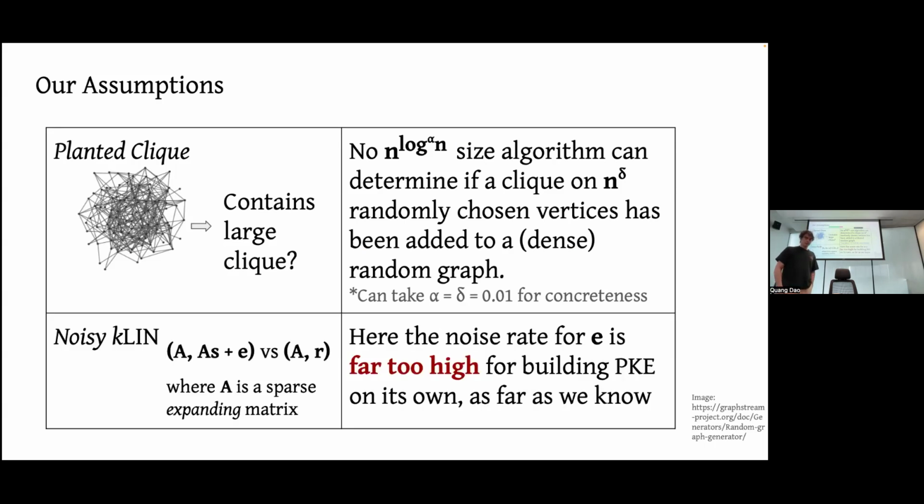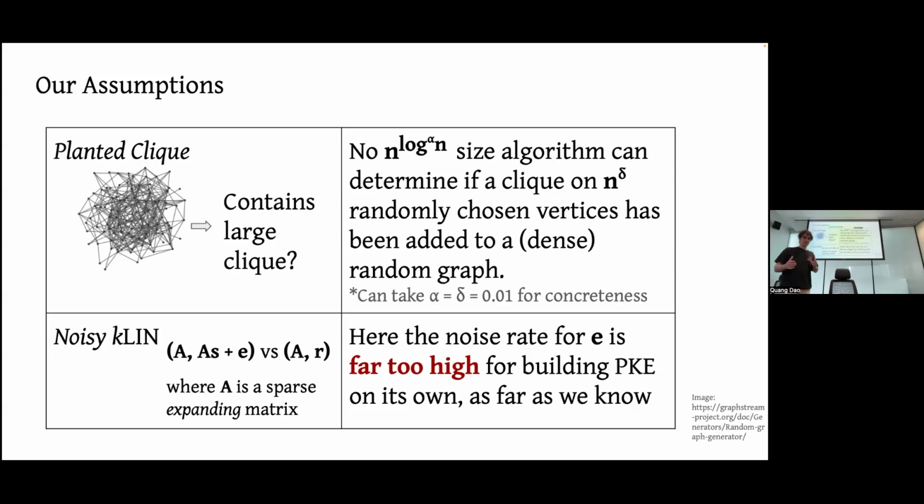For our helper assumption, like we've talked about, we'll be using the noisy k-LIN problem. This asks us to distinguish between a distribution where we have a sparse matrix A and then a noisy sample AS plus E of a random secret S. A little bit more details on this later. The other distribution is just A and then a totally random vector.